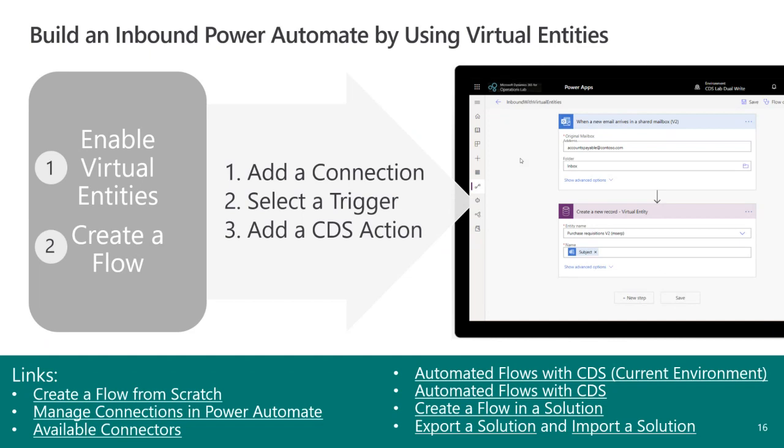There's no limit to what you can do. The key is you need a trigger of when something happens, and then you can connect to the Common Data Service, and you'll select your virtual entity from the list just like any other entity, and you'll know it's a virtual entity because it will say MSERP in parentheses at the end.